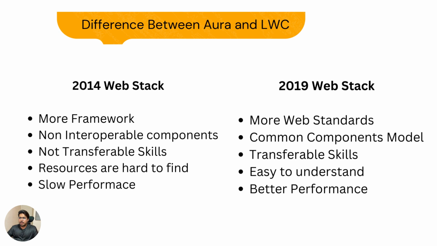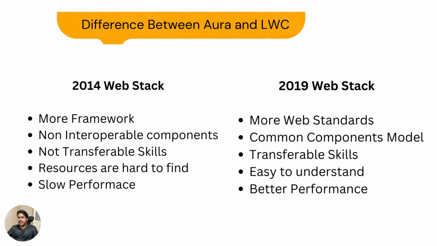Second thing we will discuss is interoperable components versus non-interoperable components. What does it mean? At that time, various types of frameworks were available, like Aura framework, Angular, React. If you create a component inside Aura, we cannot use that component inside Angular and React.